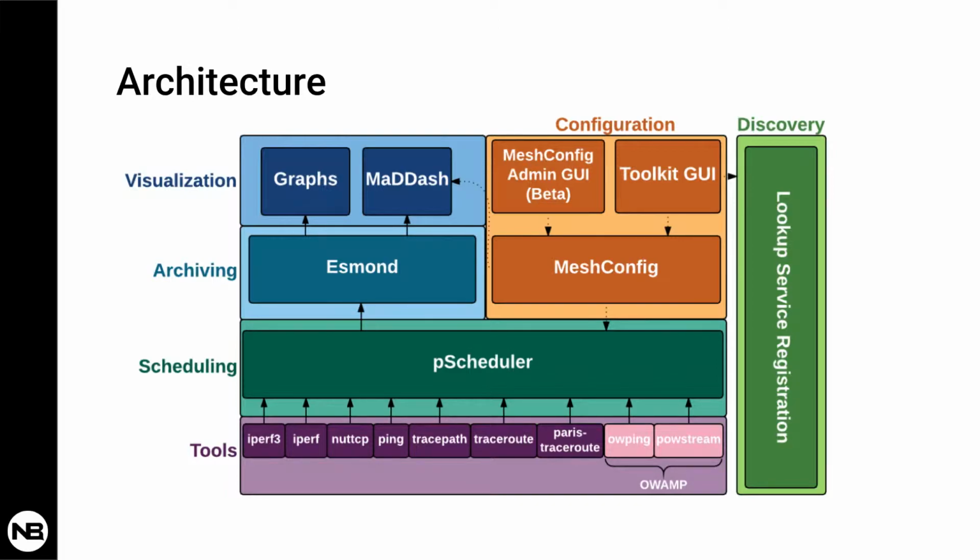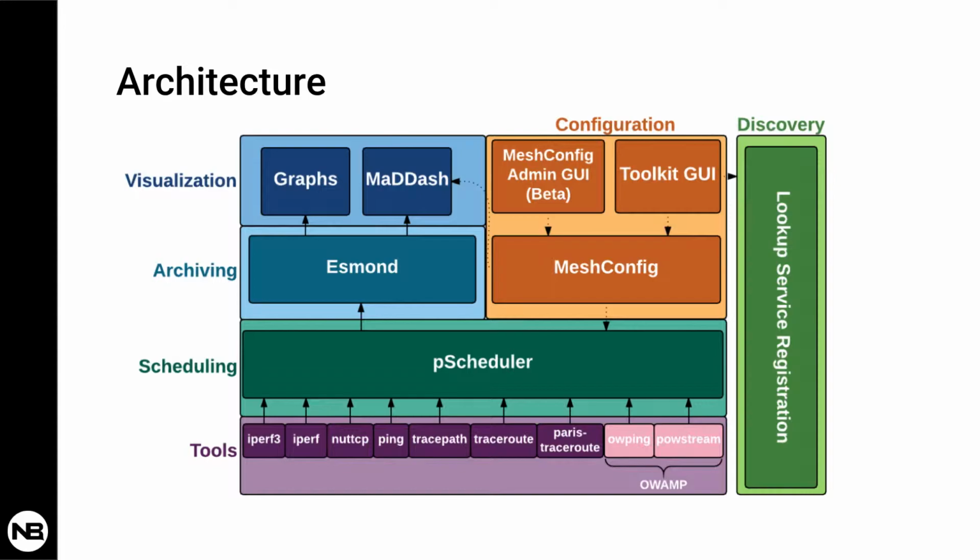And then you have latency and packet loss tests such as ping or OWAMP, which is a one-way delay measurement tool. And then they also have three types of traceroute tests, such as the traditional traceroute, tracepath, and Paris traceroute. So you can learn more about these tools by searching on Google.